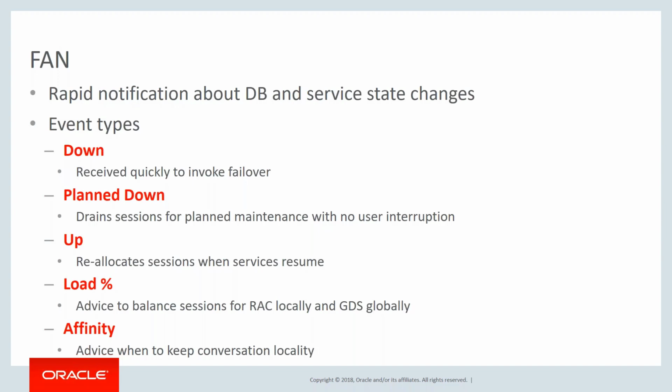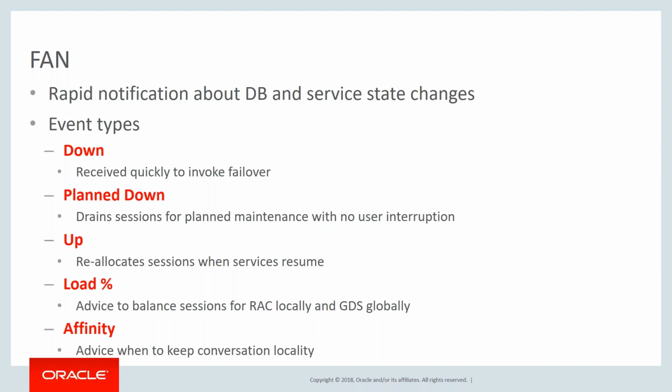Not so much for an HA level, although it is helpful for being able to perform well and have a better service level, not just from a speed perspective. It can be useful in cases where, for example, you have a RAC cluster that is heavily loaded because it's the end of the month and a lot of people are using it.